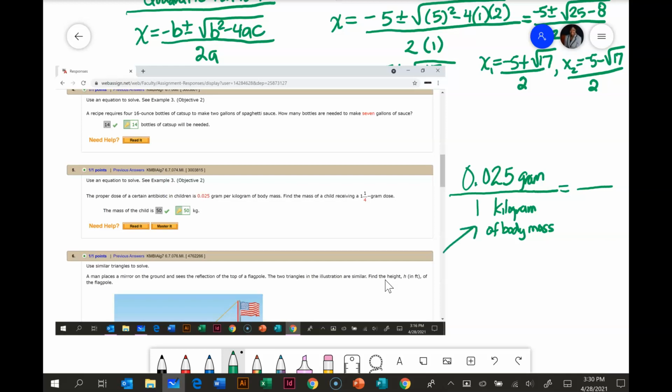So if we're trying to find the mass, we don't know what it is, obviously, yet. So we use an x, because it's asking us to determine the mass of a child receiving a 1 1/4 gram. And notice my grams are on the same level. I have both of them in the numerator.